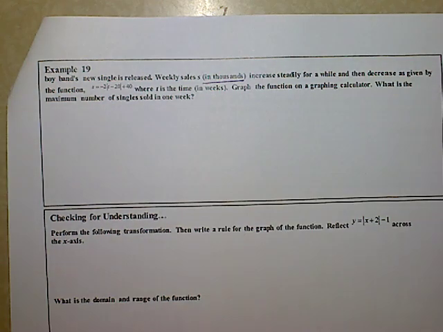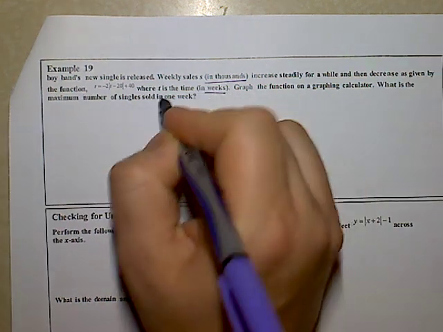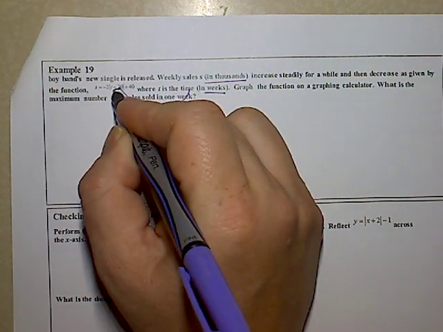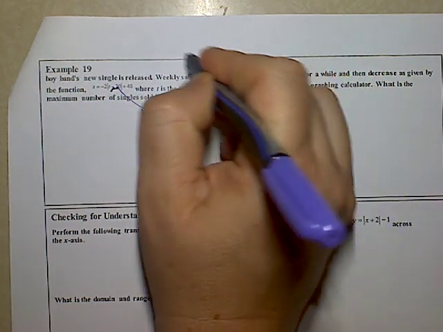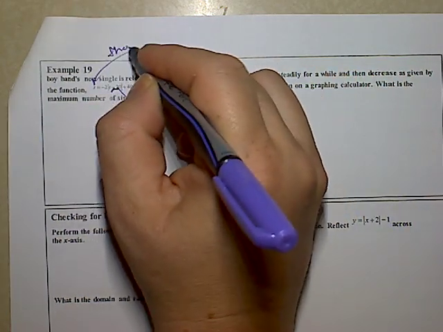A boy band's new single's weekly sales in thousands, that's the key, they're in thousands, increased steadily for a while and then decreased, given by this function where T is time in weeks. So this is time in weeks, and S is sales in thousands.